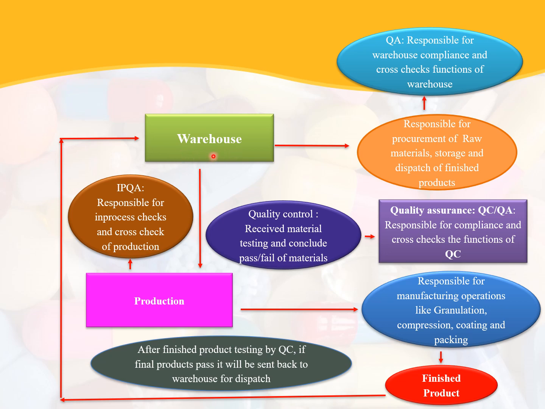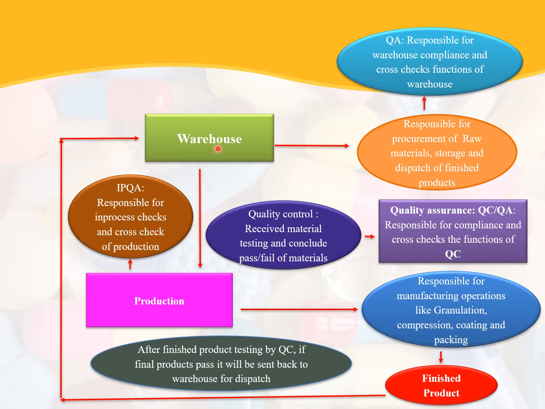Coming to the warehouse, once the raw material has been procured, they will first check the certificate of analysis that has been provided by the respective vendor. It will have the various standards of that particular raw material. After that, they will send those materials in small quantities to sampling, where the pharmaceutical industrial team will assess whether the standards are correct or not.